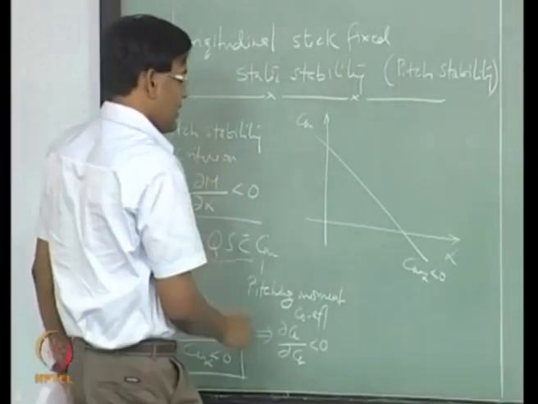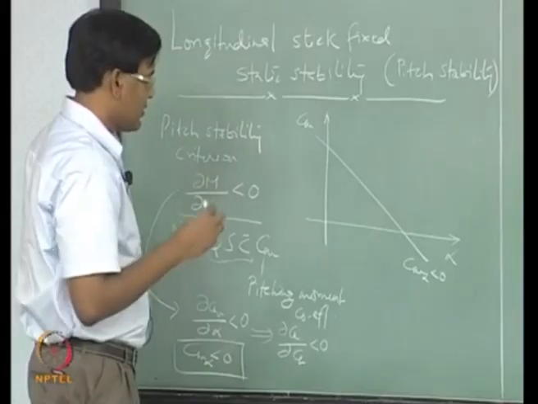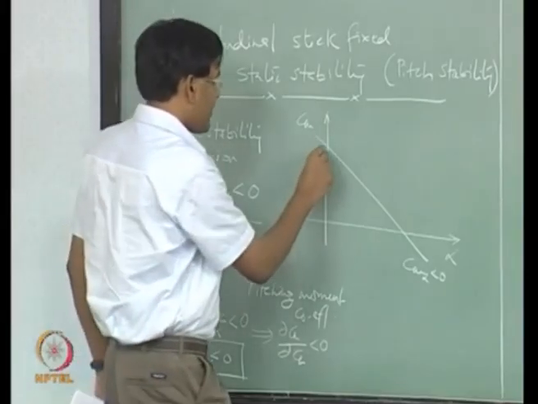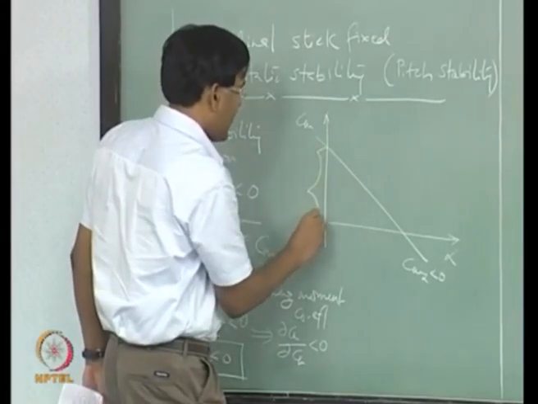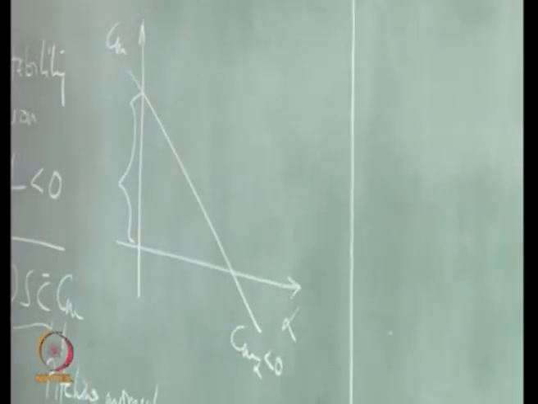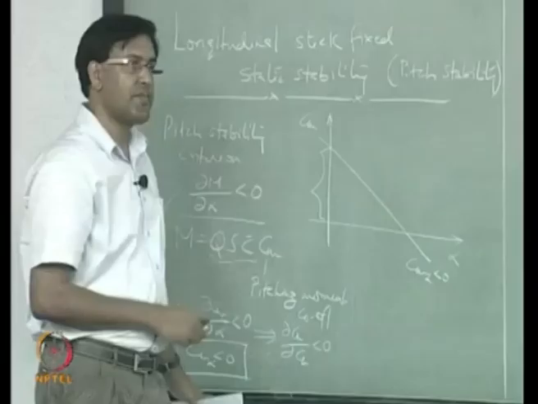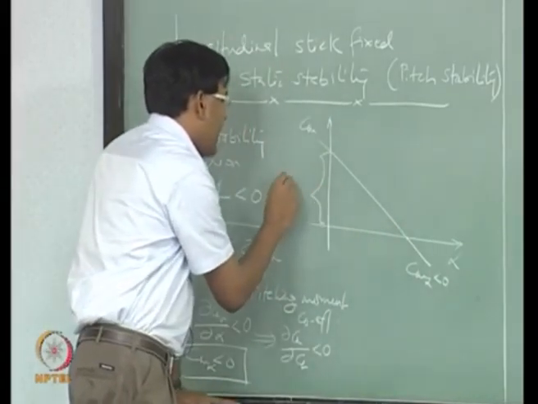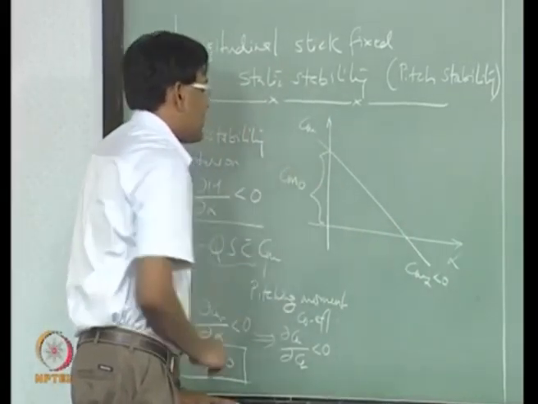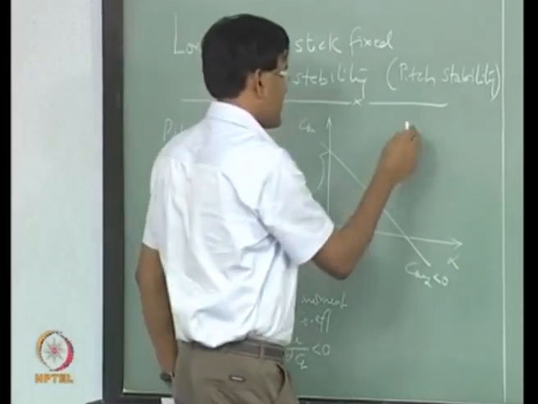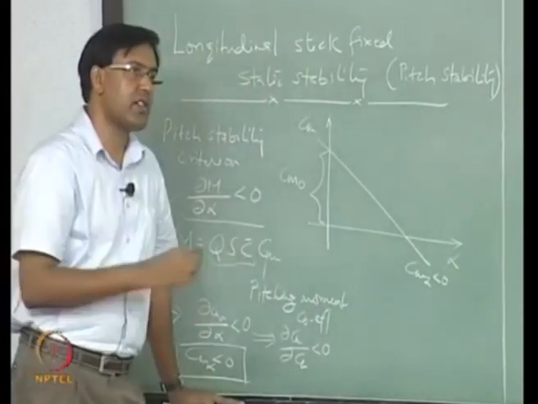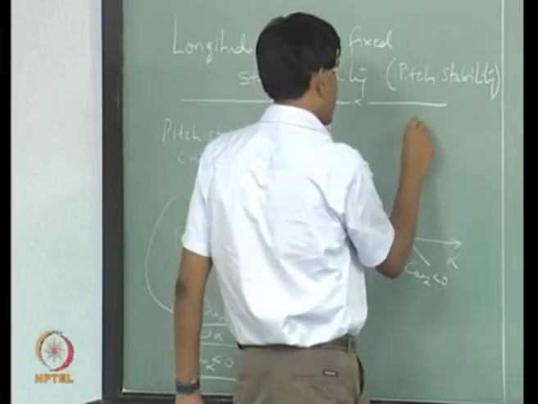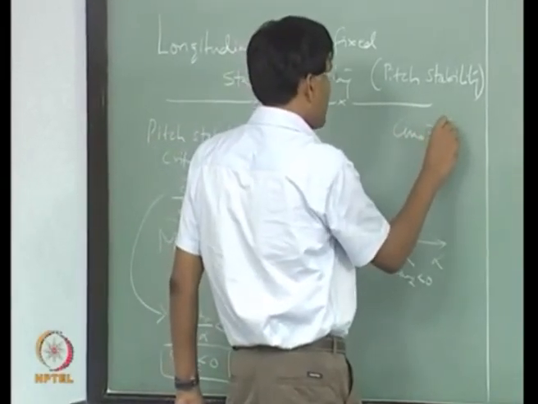What we said is that in order to fly the aircraft stable and at positive trim angle of attack, the aircraft must also have Cm naught, which is pitching moment at alpha equal to 0, which is positive.